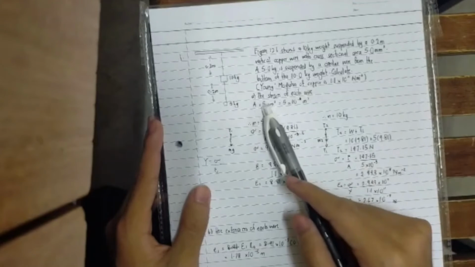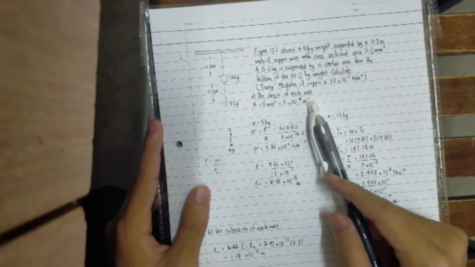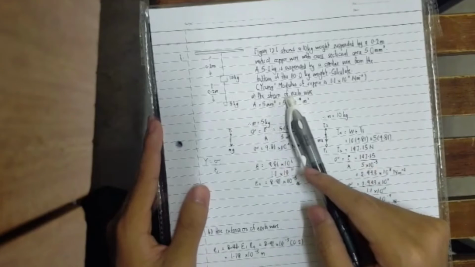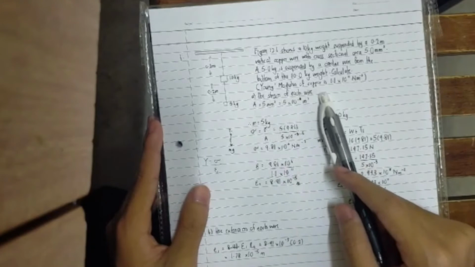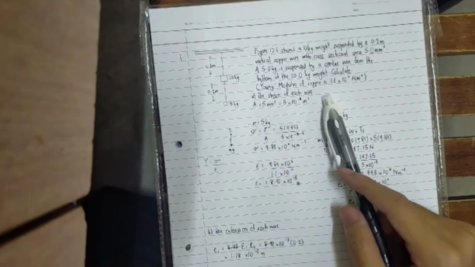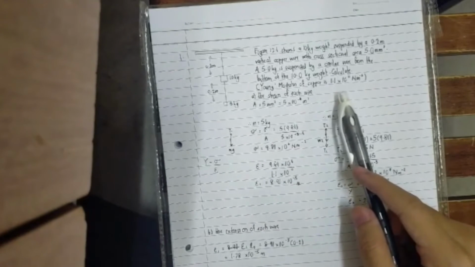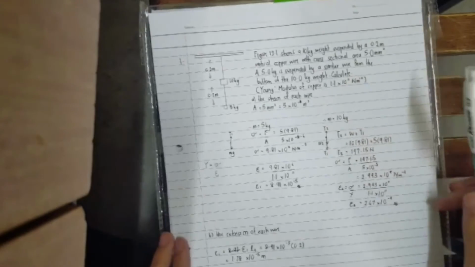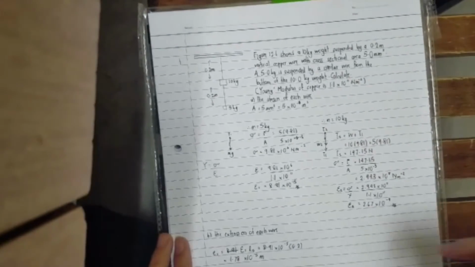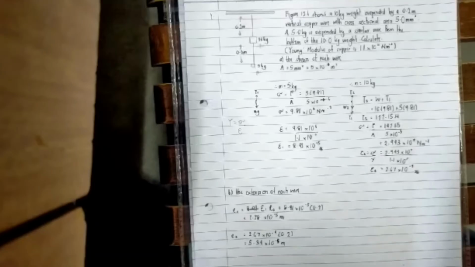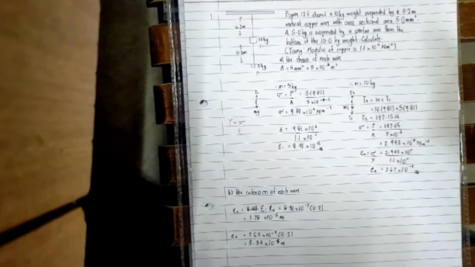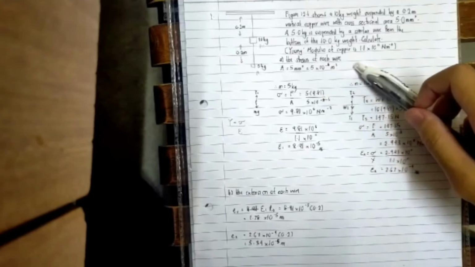Calculate the strain of each wire. The Young modulus of copper given is 1.1 times 10 power of 11 N m negative 2.